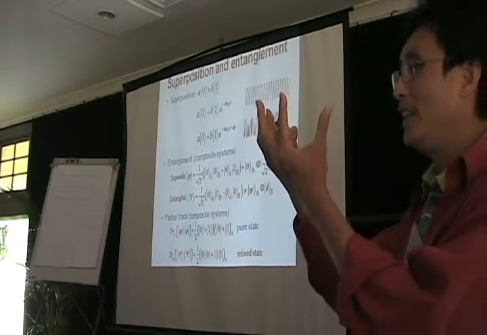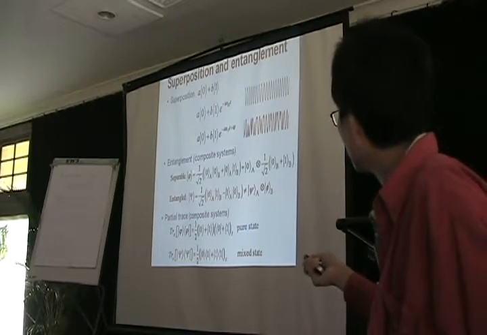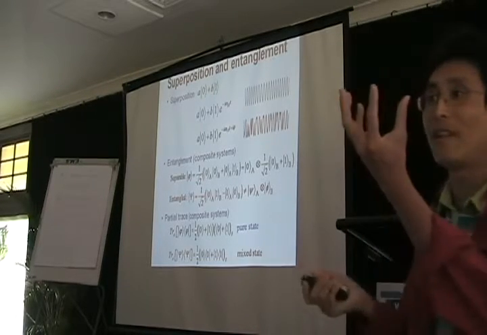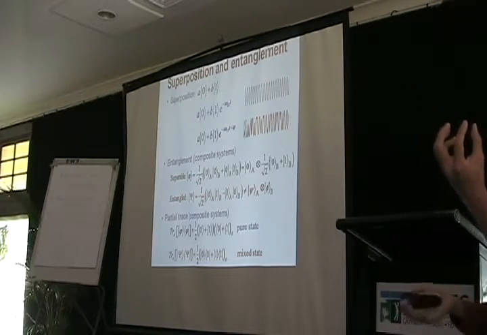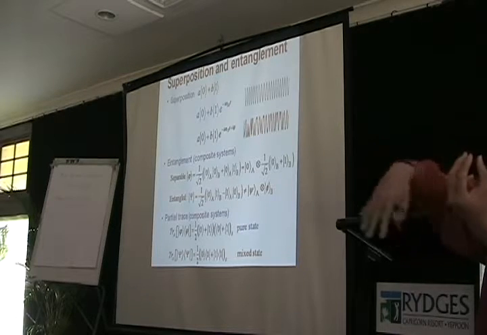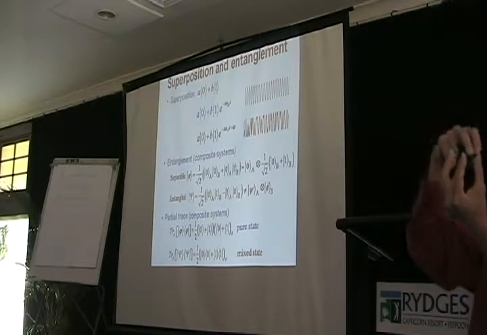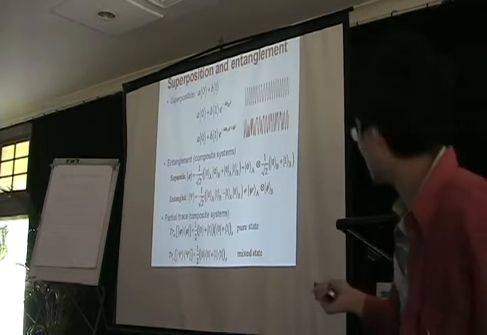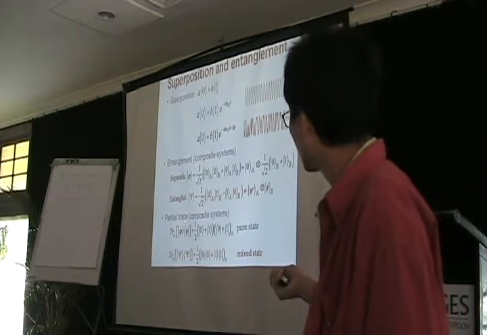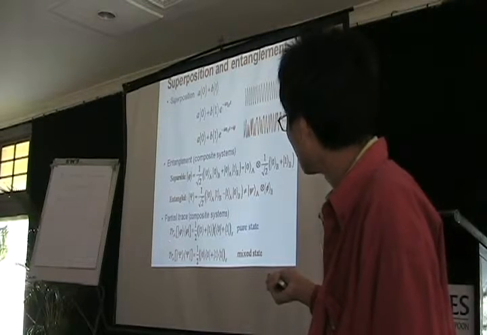Usually when we talk about the system of interest, we trace over the degrees of freedom of the environment to see the average effect of the environment on the system. So we do a partial trace over some subsystem variable.